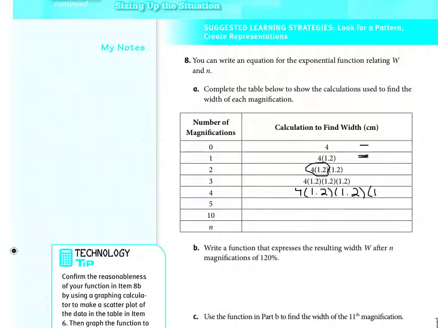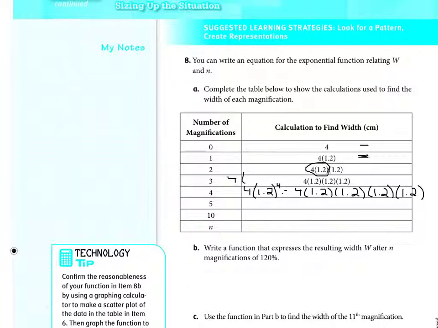And notice we're going to keep doing it, multiplying by another 1.2 each time. Now that would get a little time consuming to keep writing it out. So what's another way to write repeated multiplication? Well, this would be 4 times 1.2 to the fourth would mean the same thing.